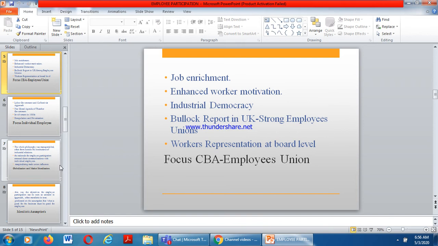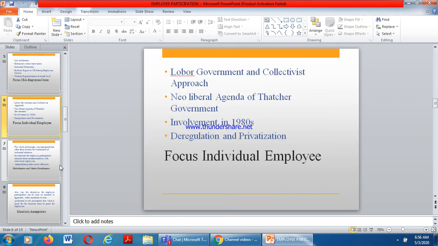Now moving to the Bullock report, it gave incentives and compelled organizations to have labor unions within their tiers. While the Labour government believes in collectivism as compared to the Conservative government, the neoliberal agenda of Thatcher has changed things.